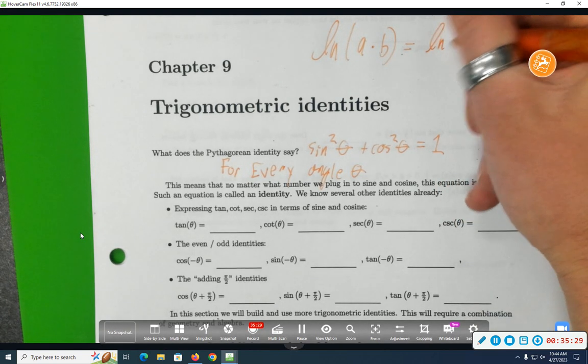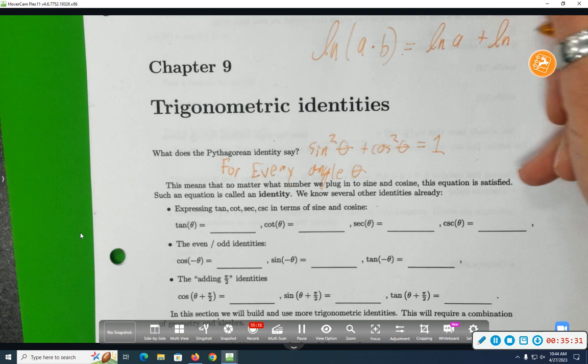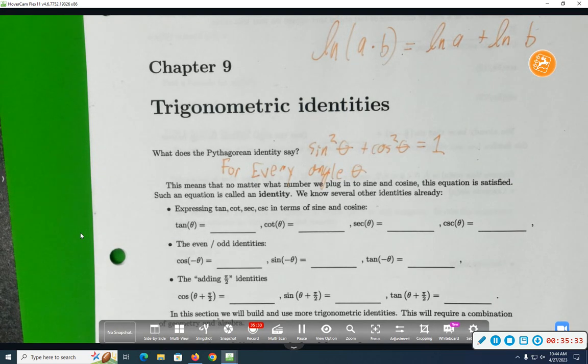Log of AB equals log A plus log B. That's another example of an identity. That's an equation that's true for every choice of A and B, as long as you don't accidentally land outside of the domain. Which can happen, right? Like, if A and B are both negative, you're in the domain on the left-hand side, but not the right. So it's still an identity, even though it's false from a domain perspective.